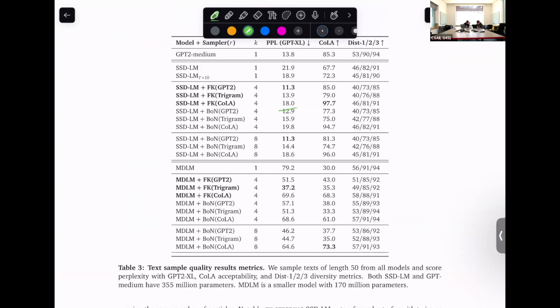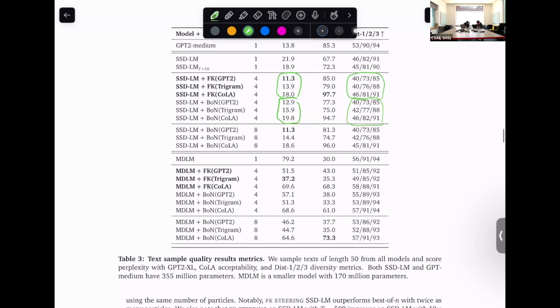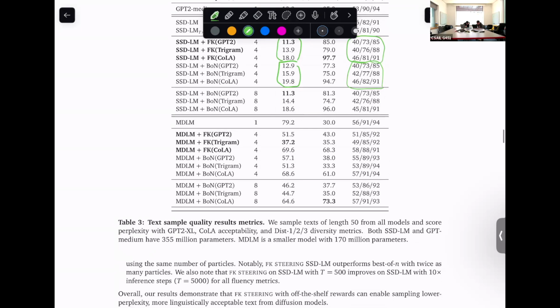So then again, we have our comparison of best of n versus FK steering. Yeah, and the FK steering is indeed better. But let's look at the diversity. It's essentially identical. MDLM.